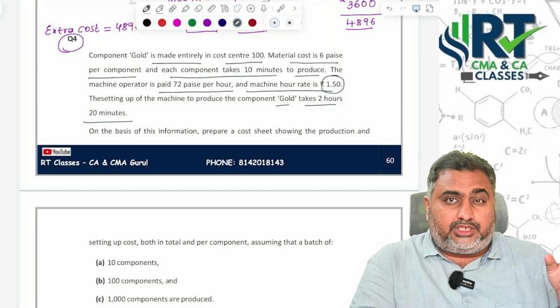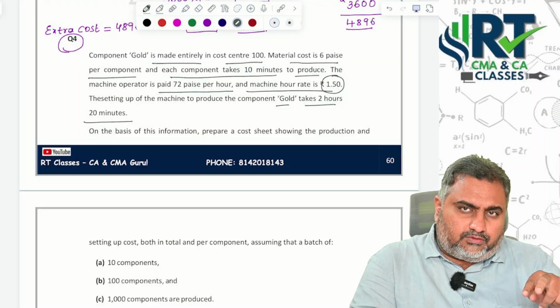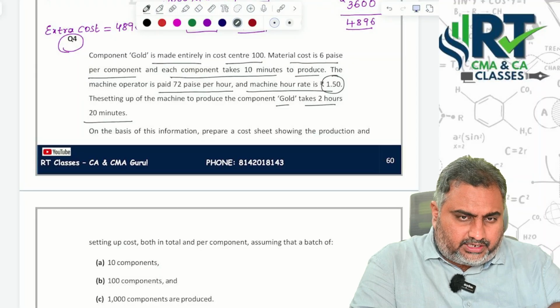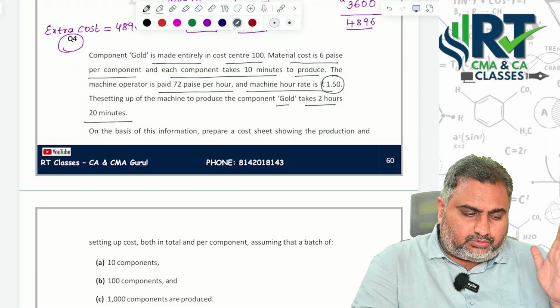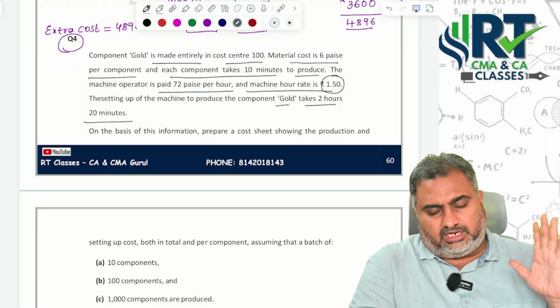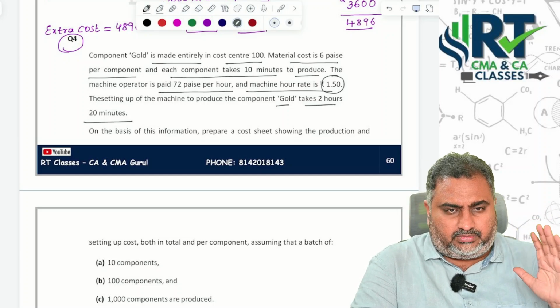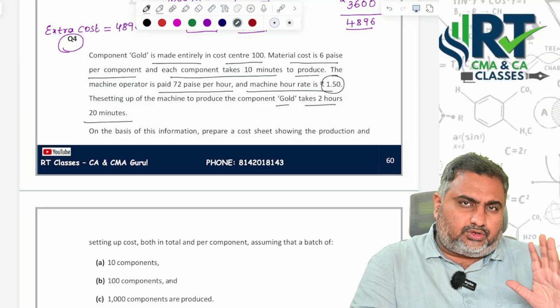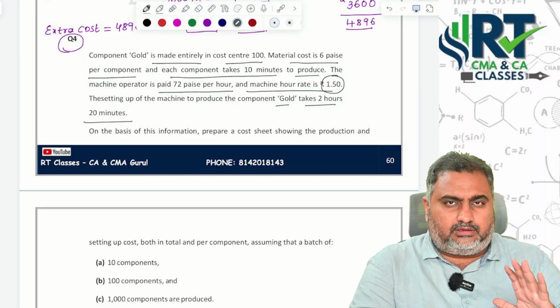Per setting of the machinery to produce the component gold takes 2 hours 20 minutes. That means for these 2 hours 20 minutes I require the machinery, and I require the operator also. So when it comes to setup time, these two costs come into the picture: one is operator wages, the second is overheads regarding the machine. These two costs I will incur for 2 hours 20 minutes. How will we calculate?